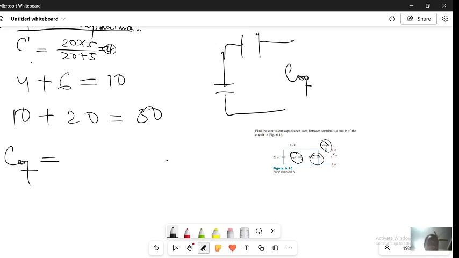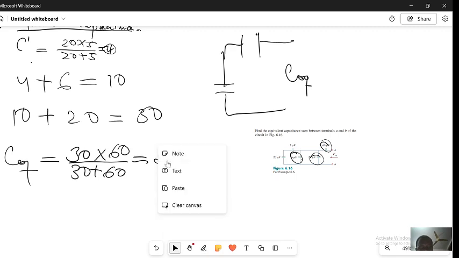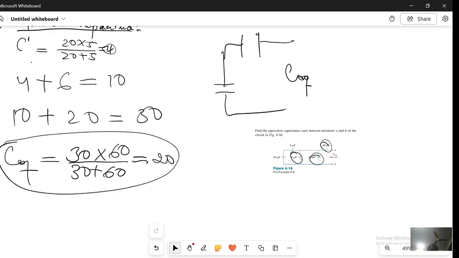I will have 30, since it's in series, multiplied by 60 divided by 30 plus 60, is going to be 20, because I will have 1800 here and I will have 90 here, so it's going to be 20. Now the C equivalent, I got it: 20.